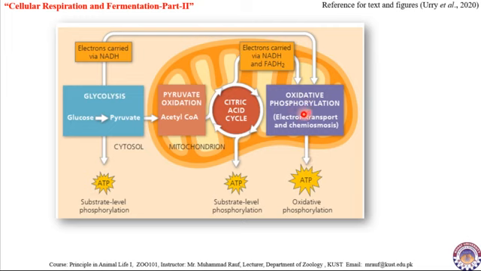ATPs produced here are through oxidative phosphorylation. ATPs produced here and here are through substrate level phosphorylation.